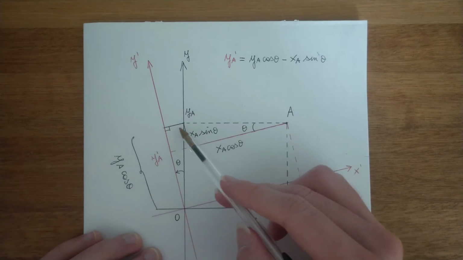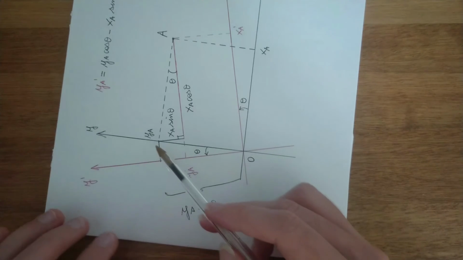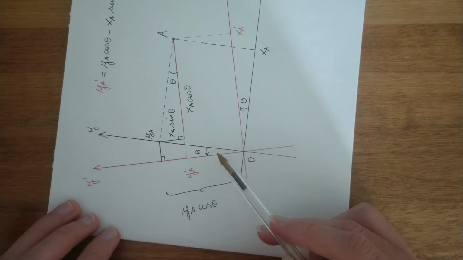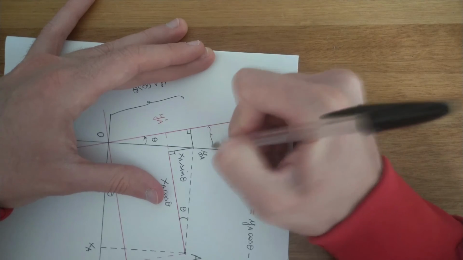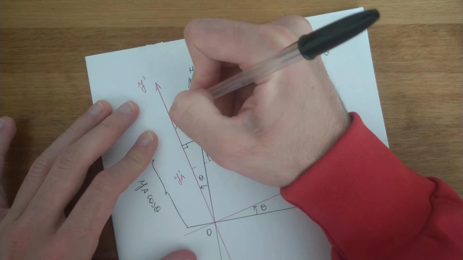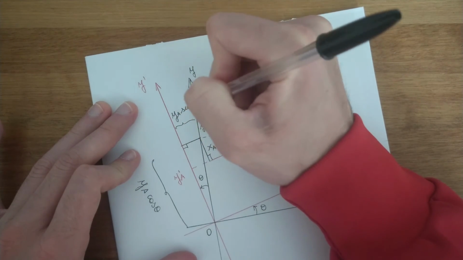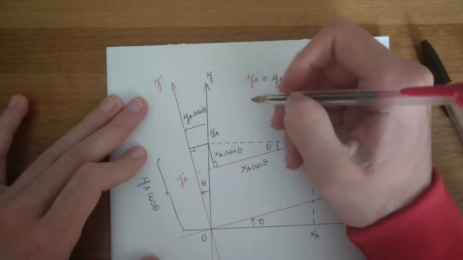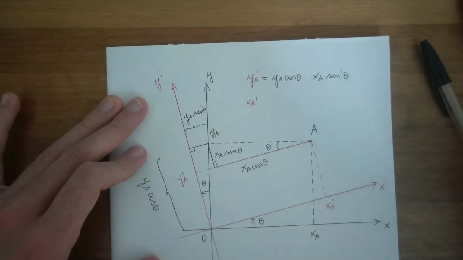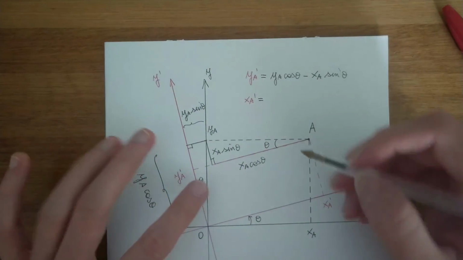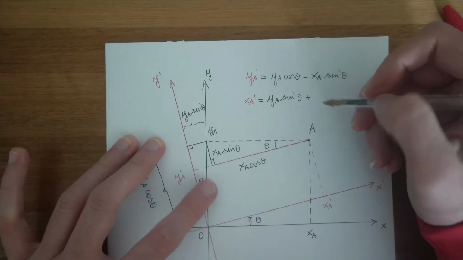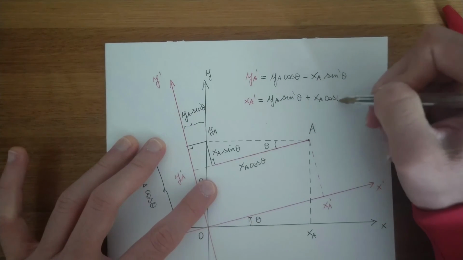And this length will be ya times sin theta. So if I want to obtain xa prime, I will write ya sin theta plus xa cosine theta.